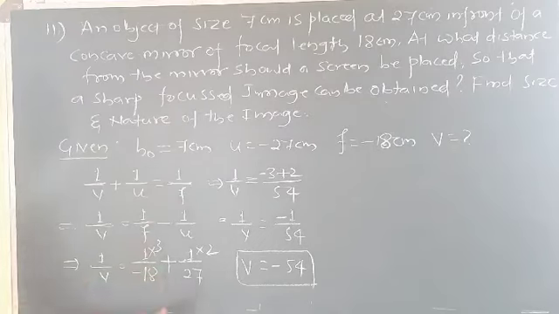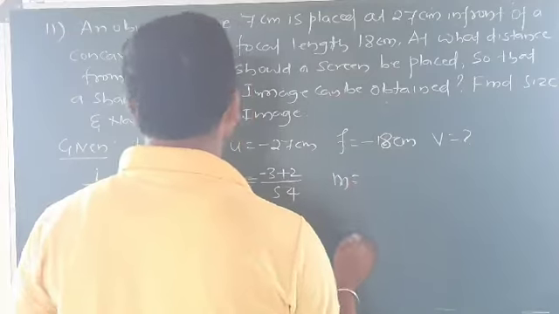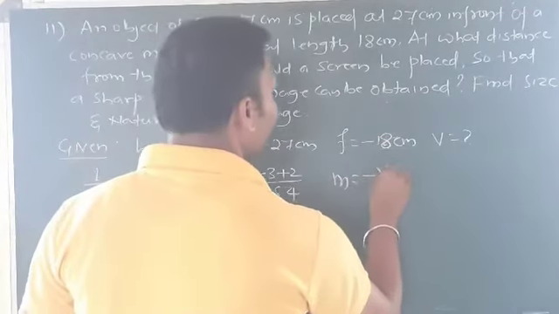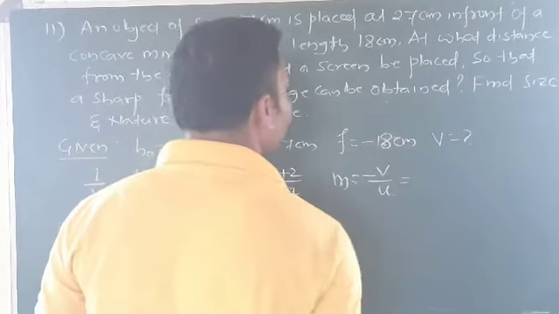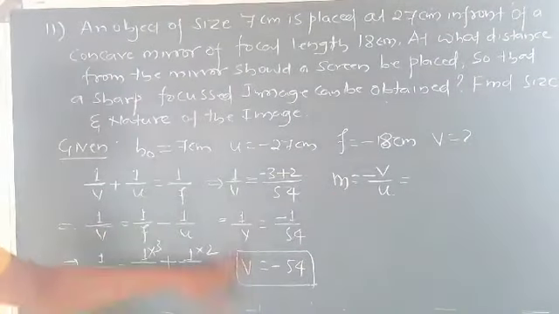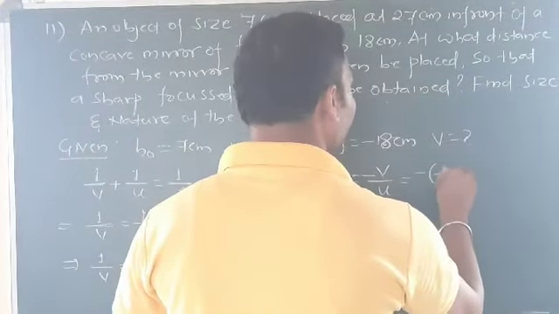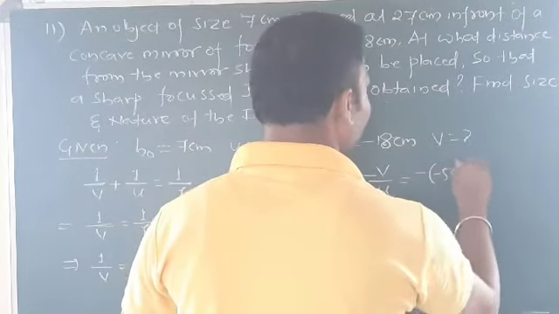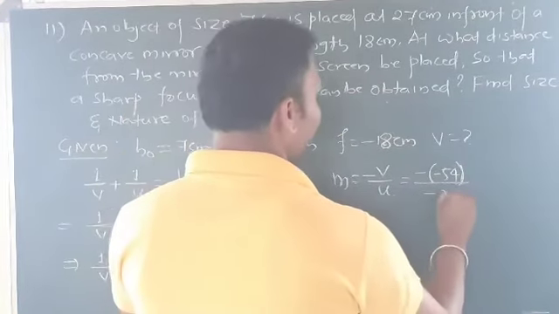Find the size. So for finding the size we need m. So m is equal to, this is a mirror, so we have minus v by u. Now v, how much do we have? Minus 54. So minus of minus 54, and u we have minus 27.